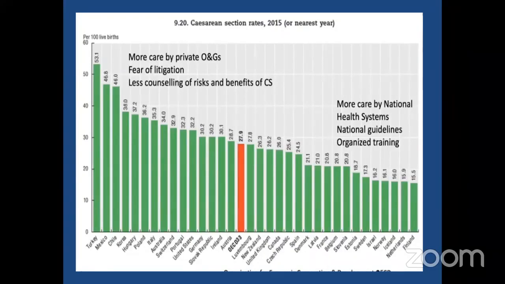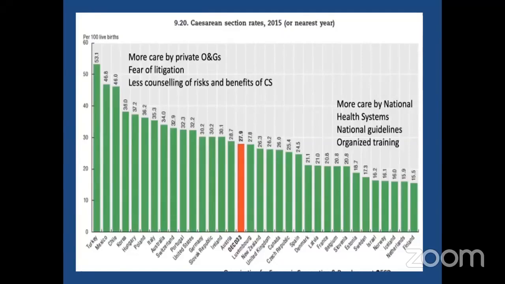One section is showing countries where more care is given by private OBGYNs, and another part where more care is given by the insurance system, and there are no private OBGYNs, or maybe the private practice is very limited, and they have a national insurance system, etc. And there's a lot of organized training going on, all these things. And there is a clear divide, if you can see.